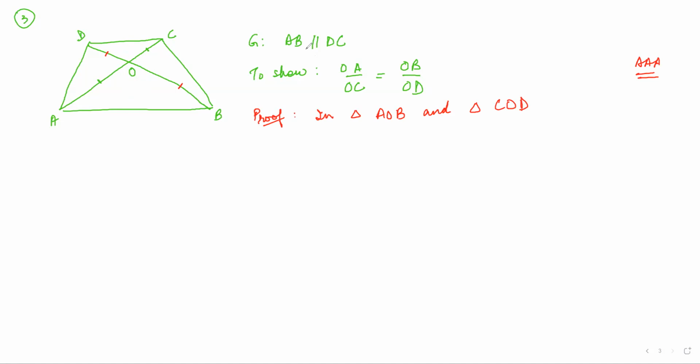Look here, it's clearly written that AB is parallel to DC, right? These two sides are parallel. So this angle will be equal to this angle, isn't it?